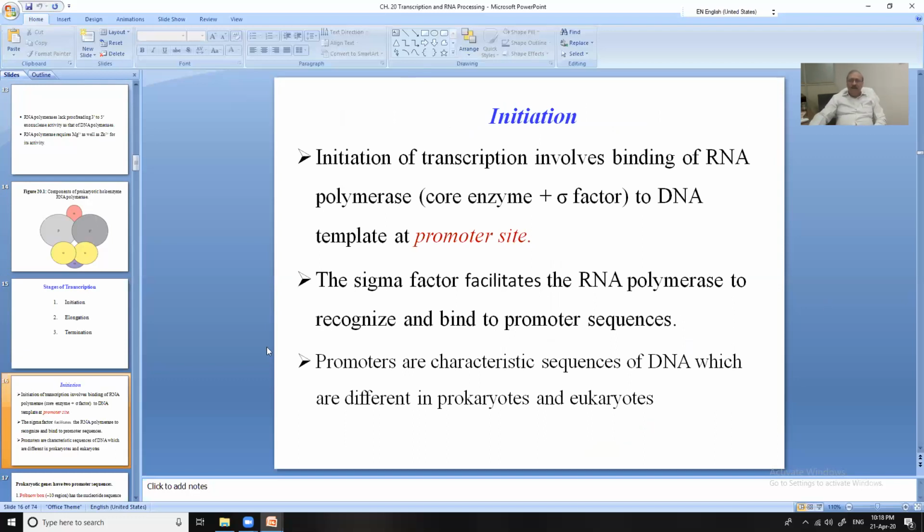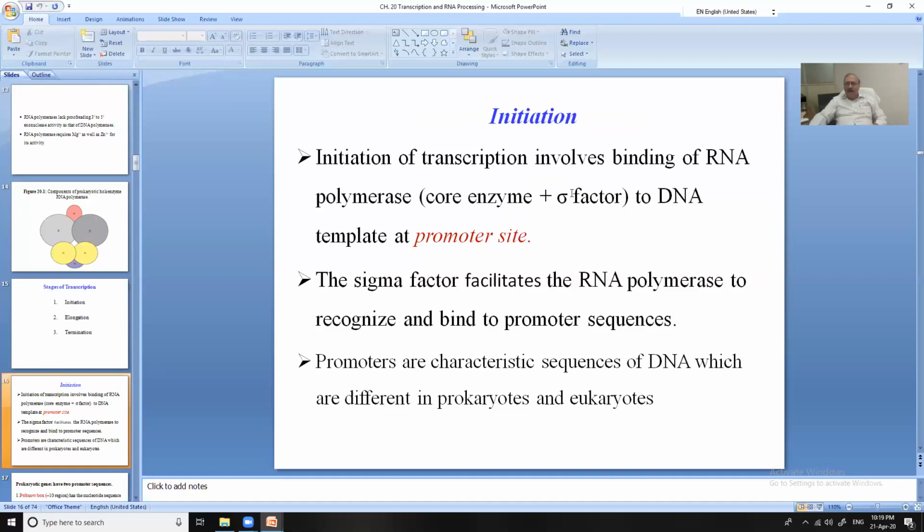Coming to initiation. Initiation of transcription involves binding of RNA polymerase, meaning the core enzyme, all the 5 units: 2 alpha, 1 beta, 1 beta prime, 1 omega, and the sigma factor.